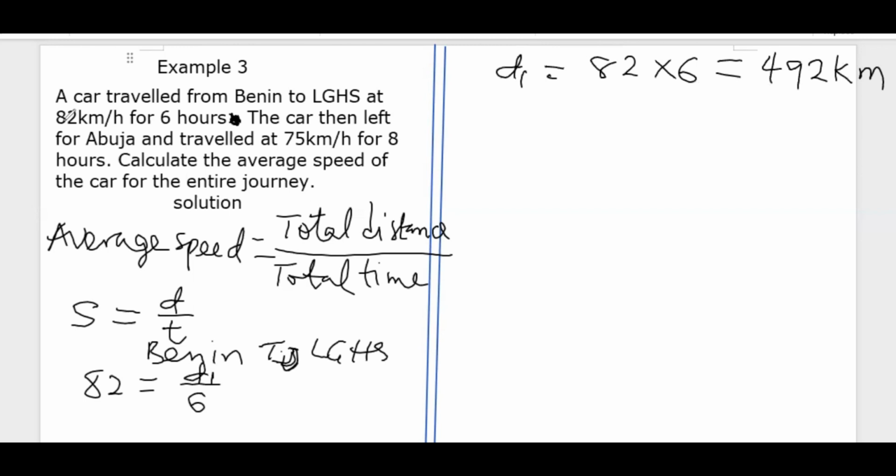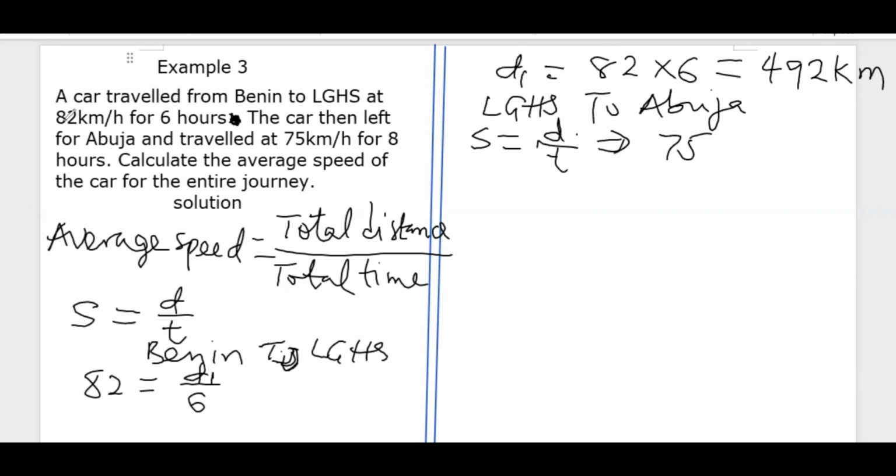Also, LGHS to Abuja. Since speed equals distance over time, in this case the speed is 75.